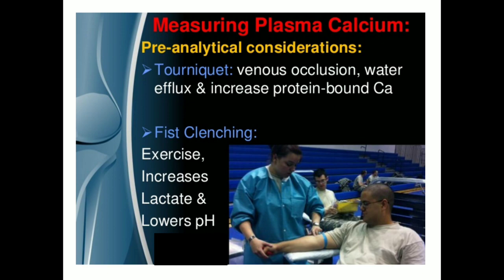And by now you know that if you lower the pH, the free calcium level will change. So ideally do not use a tourniquet, and if you have to use it, use it for a very short time, and never tell the patient to clench the fist. So these are the things that you have to keep in mind while you collect a sample for calcium.